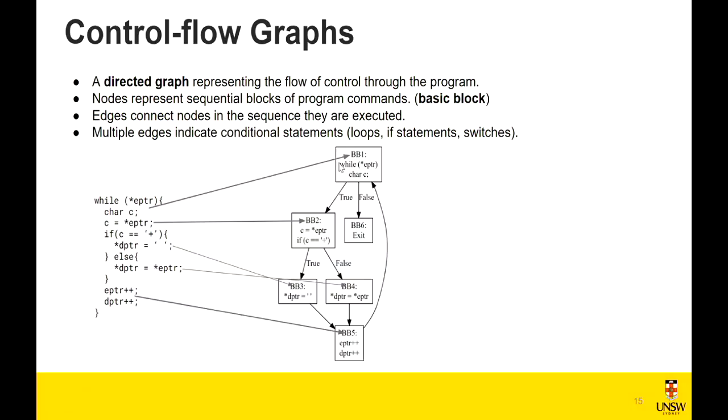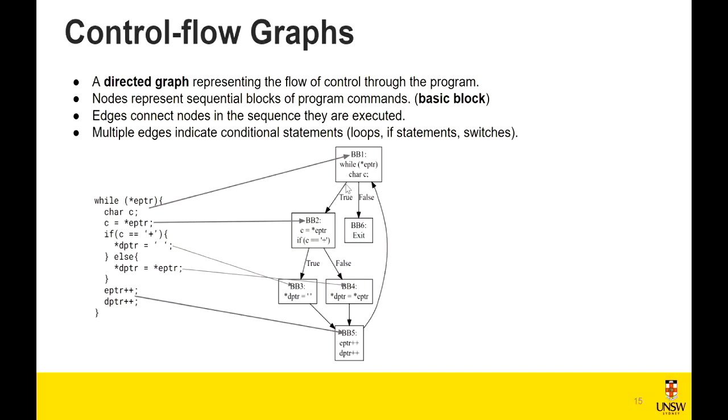Edges connect the nodes in the sequence in which they are executed. As I just mentioned, because this is a directed graph, the direction of the edges means the execution sequence. Multiple edges coming out of a single node means there are branches.